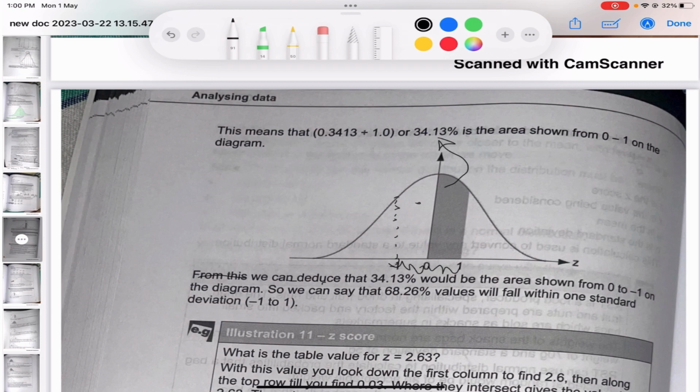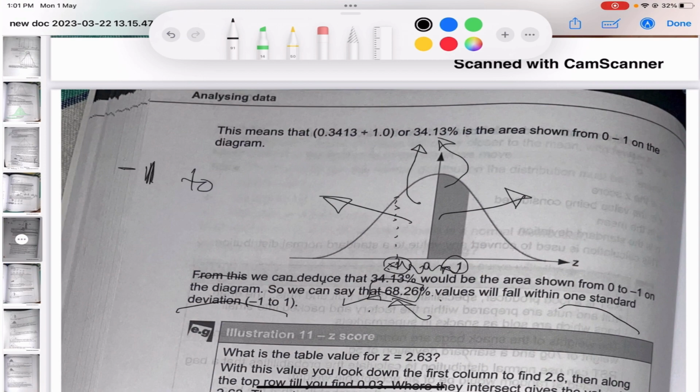So this is again going to be 34.13. This 34.13 plus this 34.13 will give me 68.26. So 68.26% of values will be falling between minus 1 and 1. That is my one standard deviation, which ranges from minus 1 to 1.